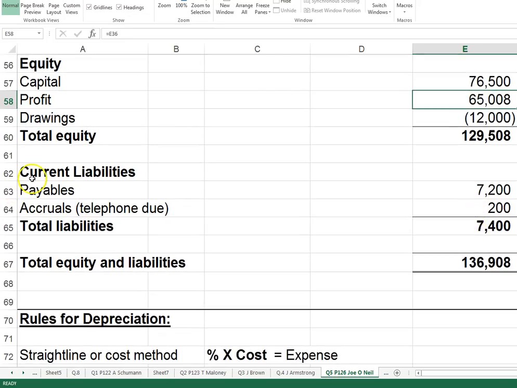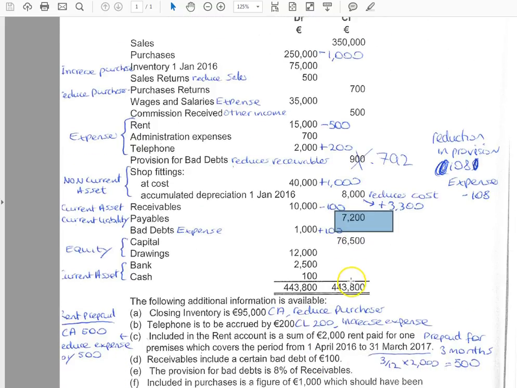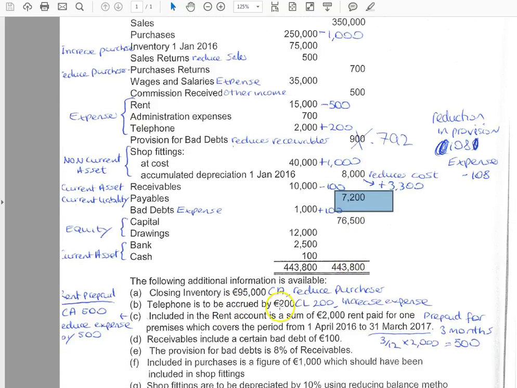The last thing is our current liabilities, and we find payables and the accruals. Here are our payables, 7,200, current liability. And the accruals are anything due, so telephone accrued at the end of the year, 2,000, anything that's owing that hasn't been paid at the end of the year.